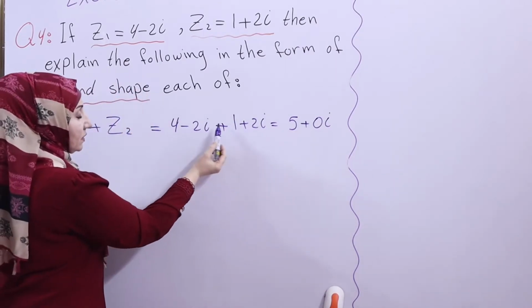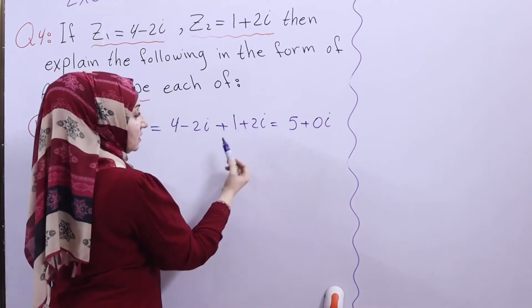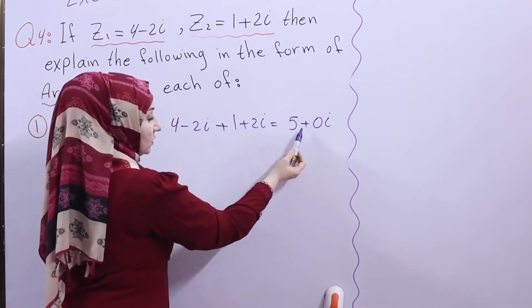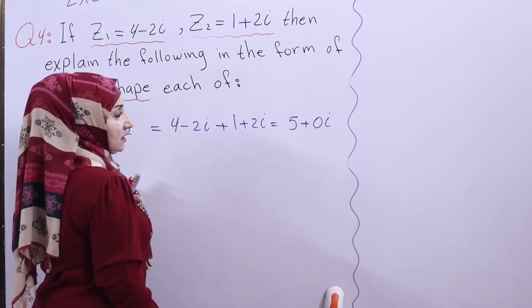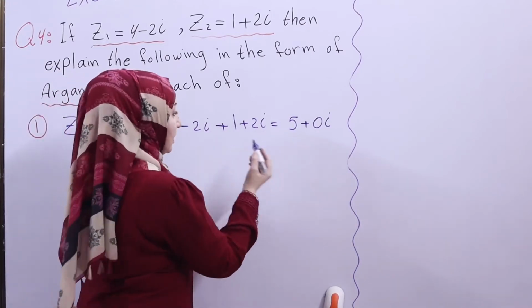So this is the normal form for the complex number.